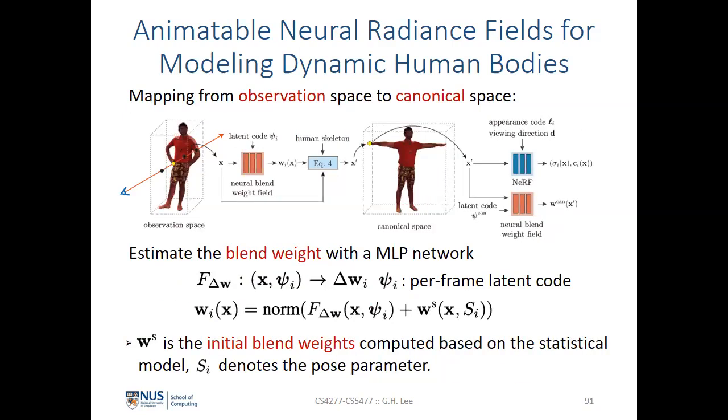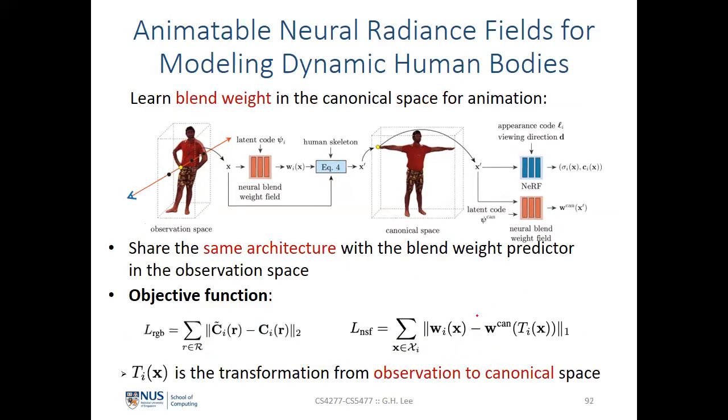So you can see that's why there's a delta W here. This is the SMPL model weights that we can compute directly from the image. And then we want the network to predict the deviation away from the SMPL model to give us the final weights over here. This allows us to compute the mapping from the observation space to the canonical space. The next part is that we need to learn this part here.